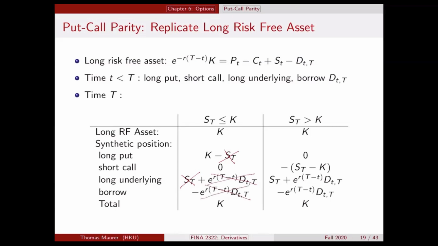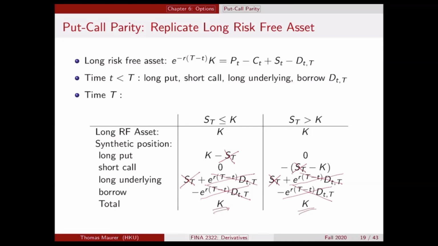And similarly in the case where ST is larger than K, we have again ST cancels out from the payoff in the short call option with that stock which you hold until maturity, and the reinvested dividends cancel out exactly with the amount of money which you have to pay back from borrowing the present value of dividends at time small t. And eventually, if you add up everything, all you're left with is exactly K dollars.